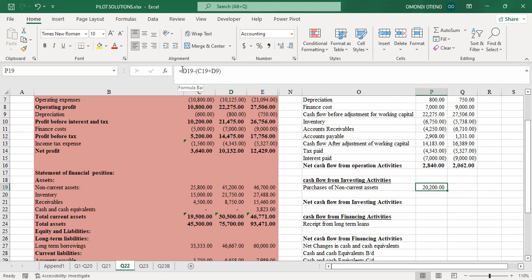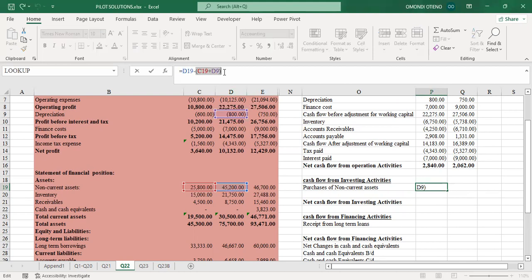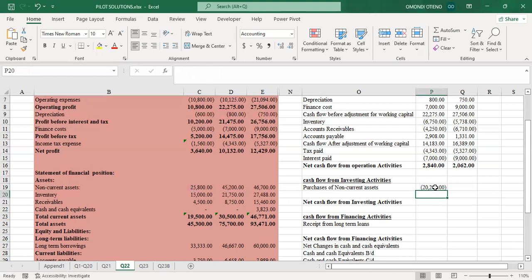And therefore, remember, it is a negative value. So for you not to insert the negative there, just start with this first part of the formula for you to get a negative value directly.